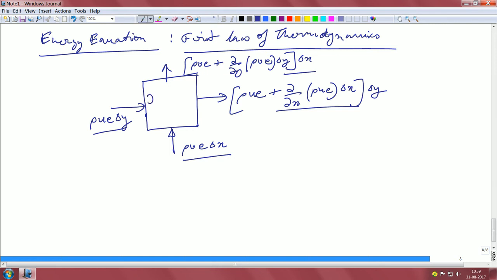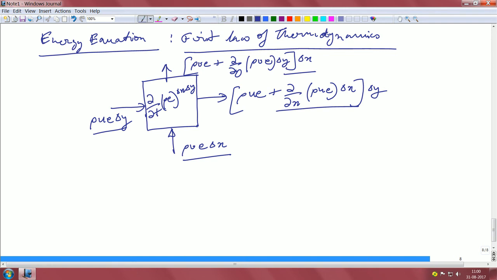Similarly, there will be a change of internal energy within the control volume, which is rho e into delta x into delta y, correct. That is the rate of change of internal energy within the control volume because of all these flux terms. It is essentially the same concept: energy in minus energy out is equal to the rate of change of energy within the control volume.